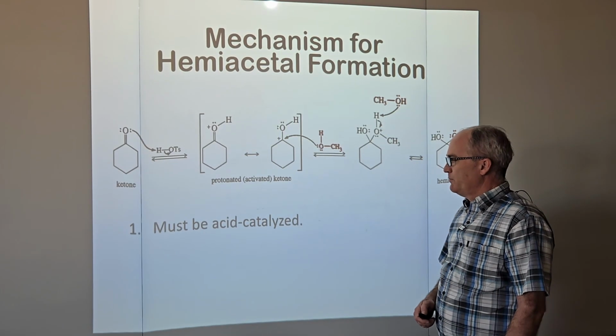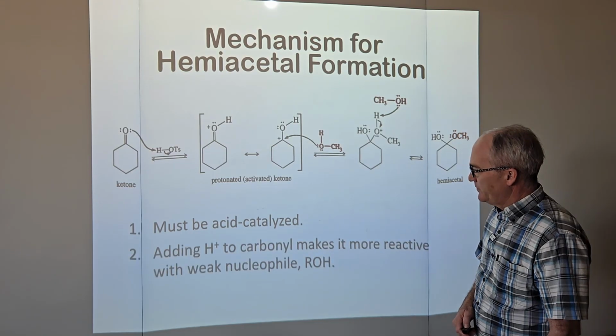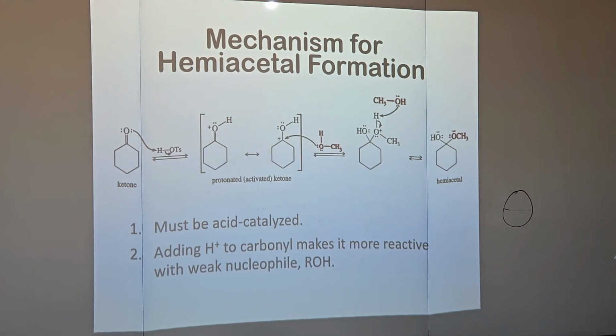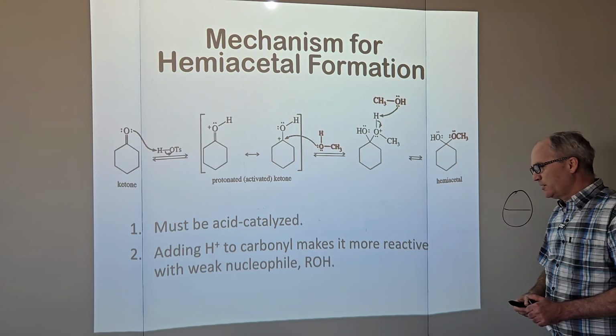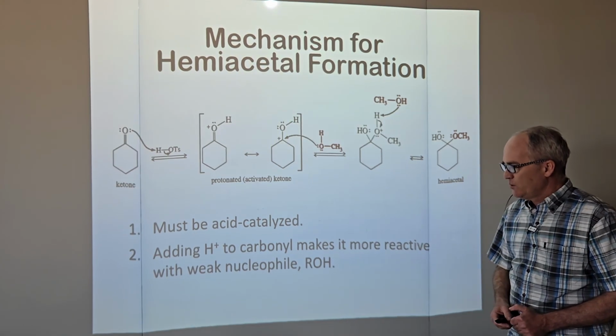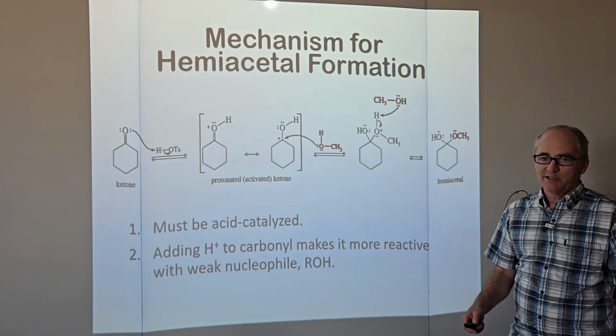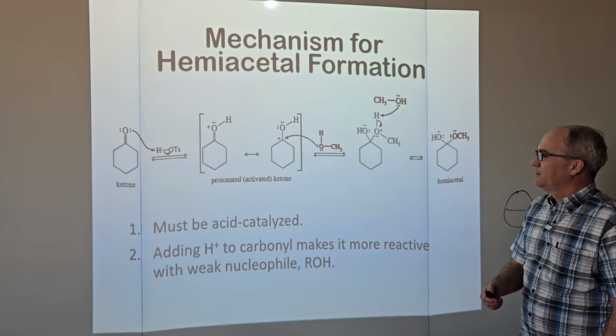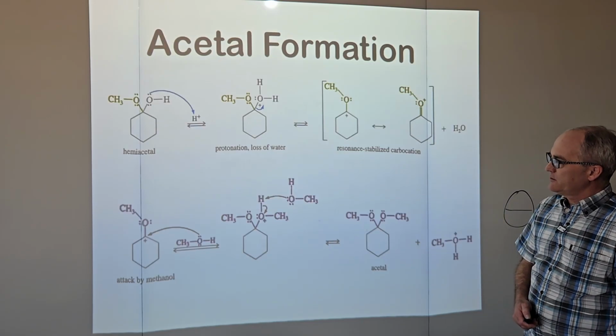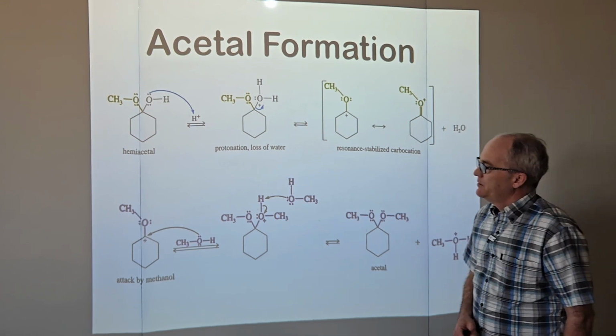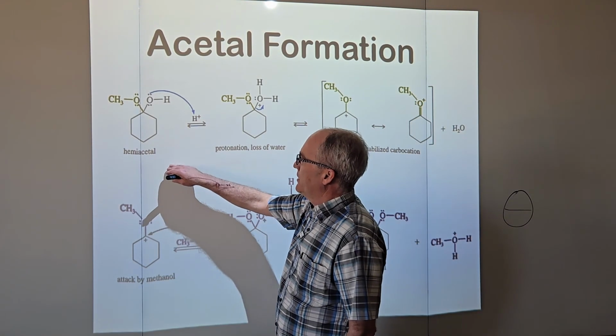These things must be acid catalyzed. Adding a proton to the carbonyl carbon makes it more reactive with a weak nucleophile. Remember your list of nucleophilicity, strong and weak nucleophiles. So here's our hemiacetal.